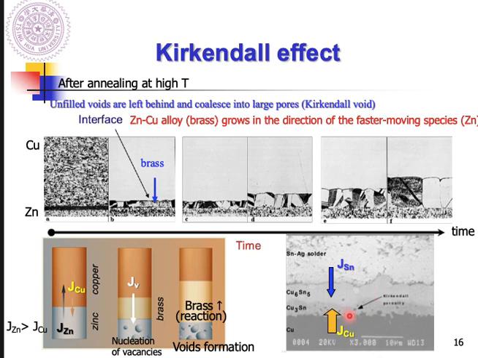So here we observe some voids form on the copper side, and we can also observe that a copper-tin alloy forms in between these two materials. So this is another example here.